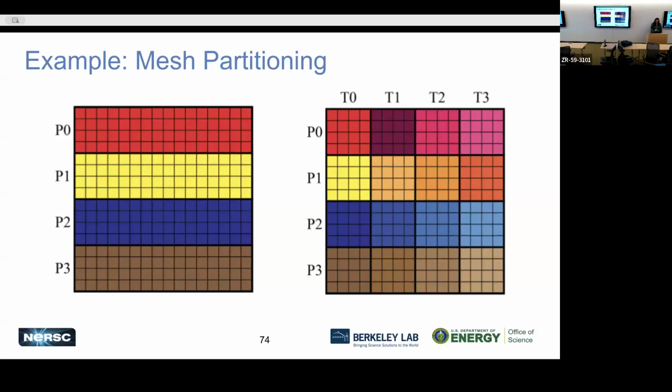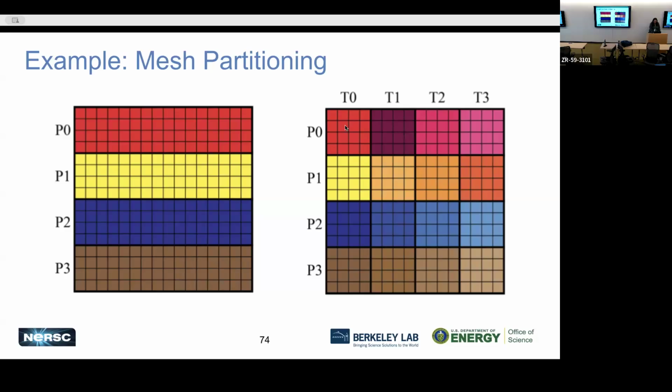So here's an example. Let's say we have 4 processes. We could divide up our domain like this into 4 flat sections of the domain. And then we could further subdivide it using threading.